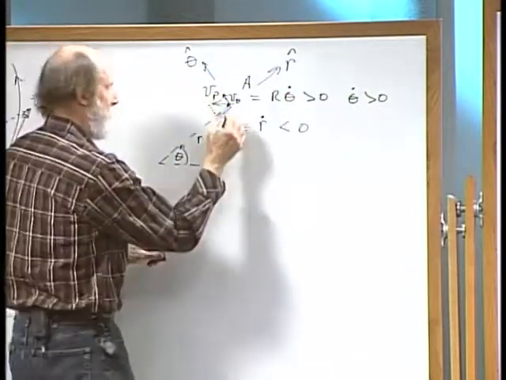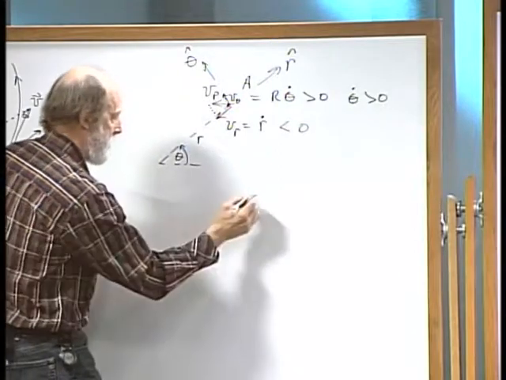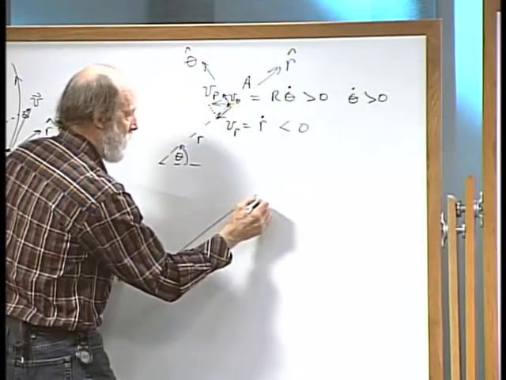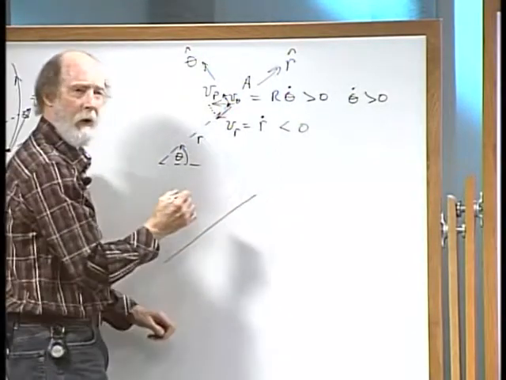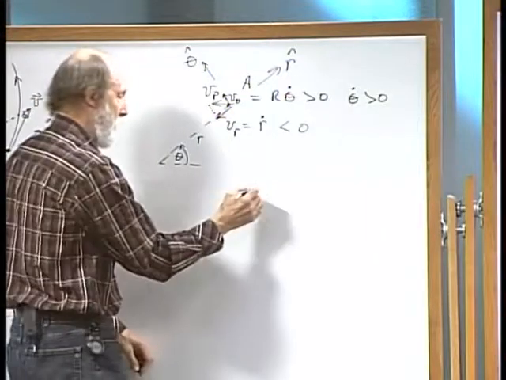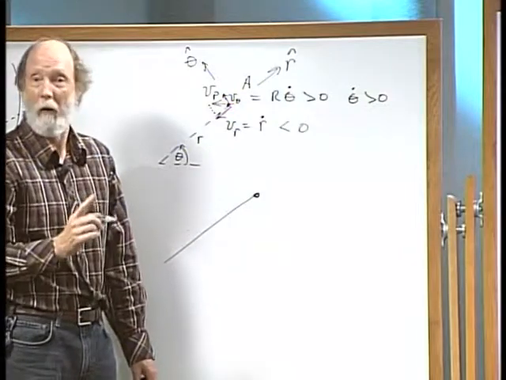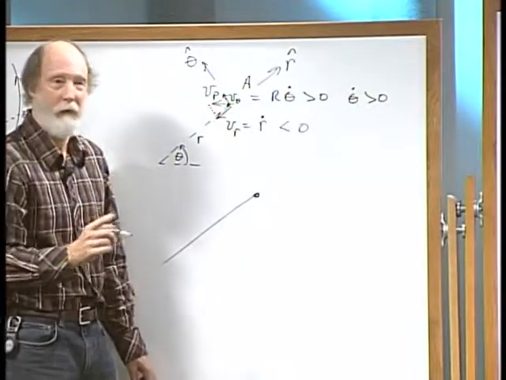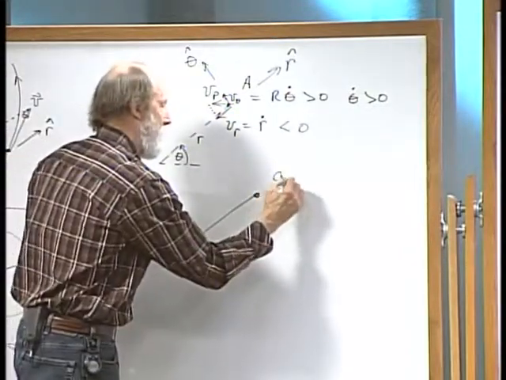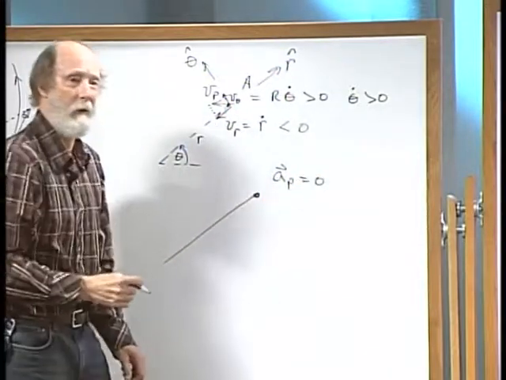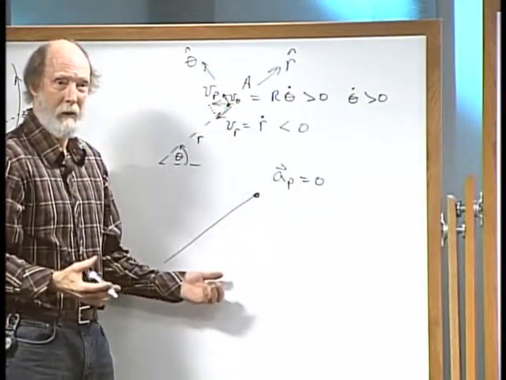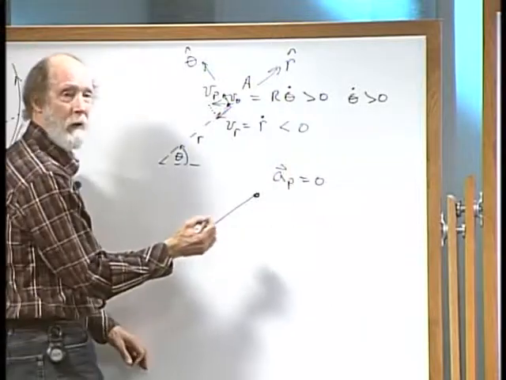The acceleration at that same point is made up of, well, let's see, what is the acceleration of the plane? Here's our particle. 0. The plane's moving at a constant velocity. So the acceleration of the plane is 0. Now we've got two terms.